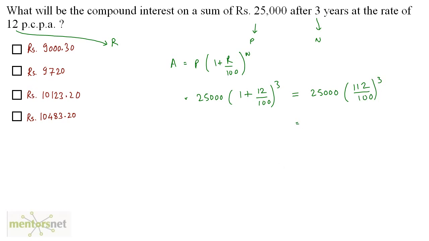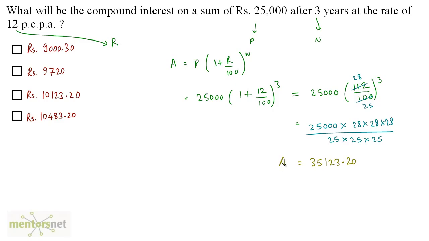So this is equal to 25,000 times 100 plus 12, that's 112 upon 100 raised to 3. Now if you divide 112 by 4 you get 28, and 100 divided by 4 is 25. So this is basically 25,000 times 28 times 28 times 28 divided by 25 times 25 times 25, and that will be equal to this amount, 35,123.20, if you solve this.